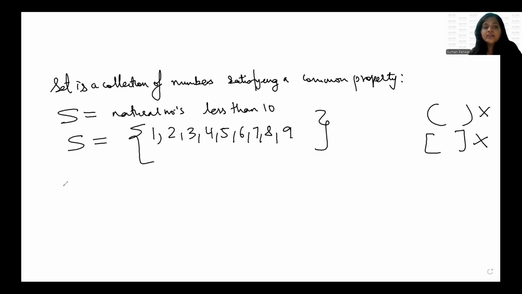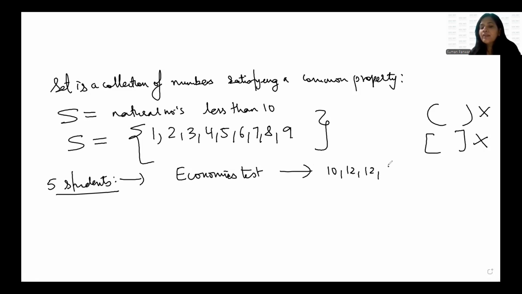Okay. Now another example is that suppose we have a class of 5 students, and they give an economics test. Their scores are 10, 12, 12, 8, 6.